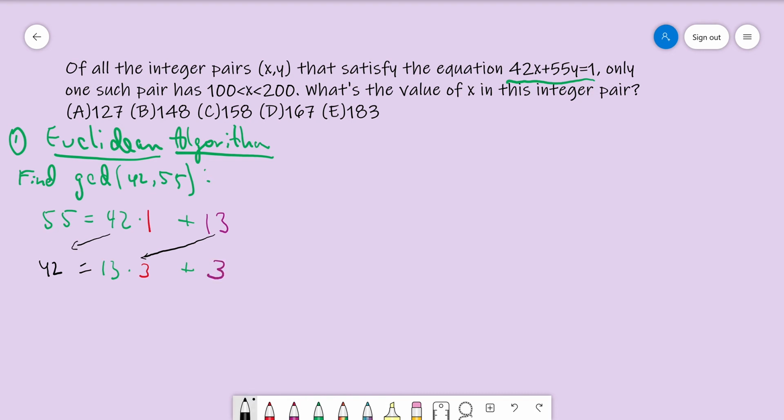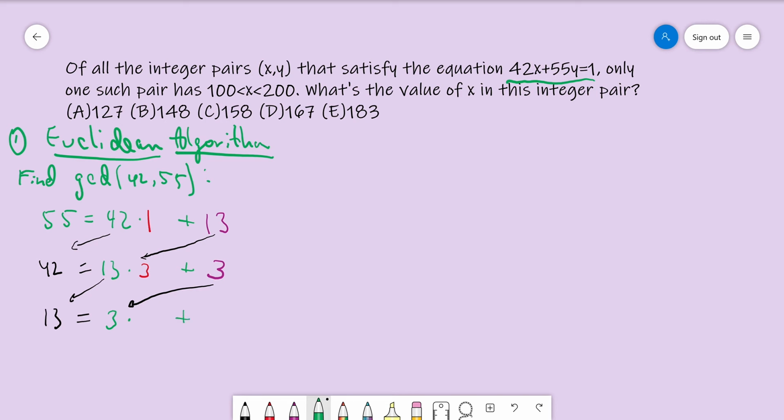Now we do this again. We're going to write 13 is equal to, and we're going to put this 3 over here, 3 times something plus a remainder.